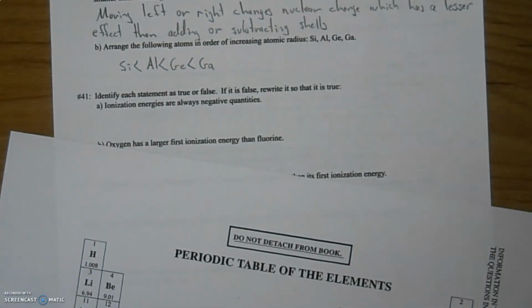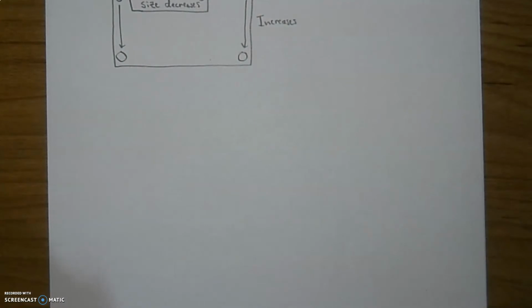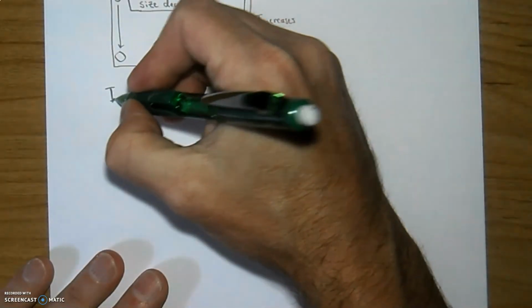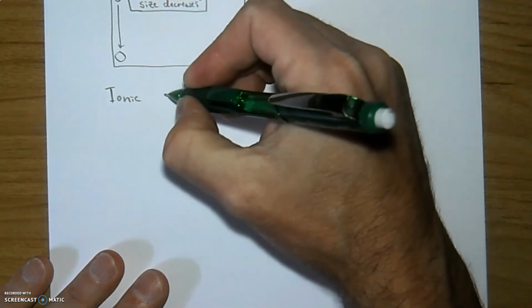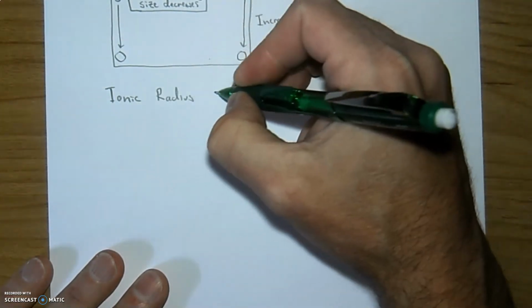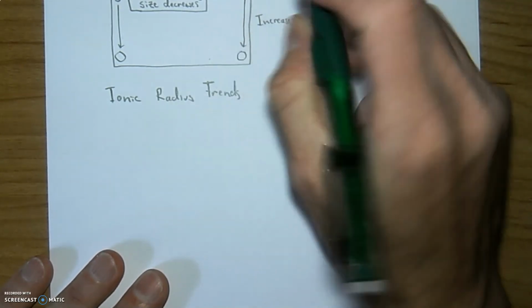All right, back to notes. Where were we at with our notes? Looks like we're going on to ionic radius trends.